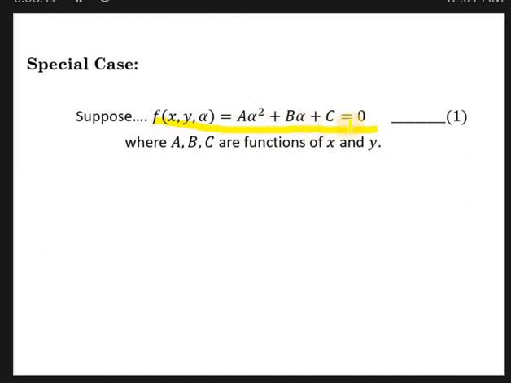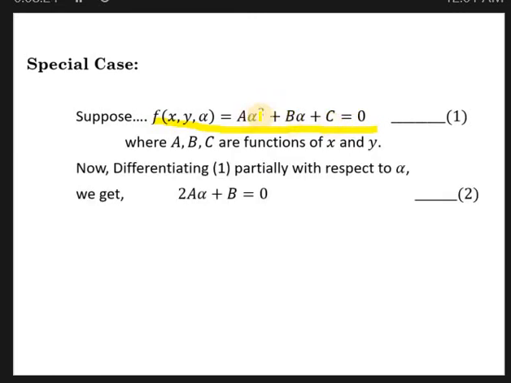And when you differentiate this equation with respect to alpha, we get alpha square derivative is 2 alpha, that is 2a alpha, plus b, alpha derivative is b. Derivative of c is 0, hence 2a alpha plus b is equal to 0. Now equate this equation to alpha. So alpha will be equal to minus b by 2a.